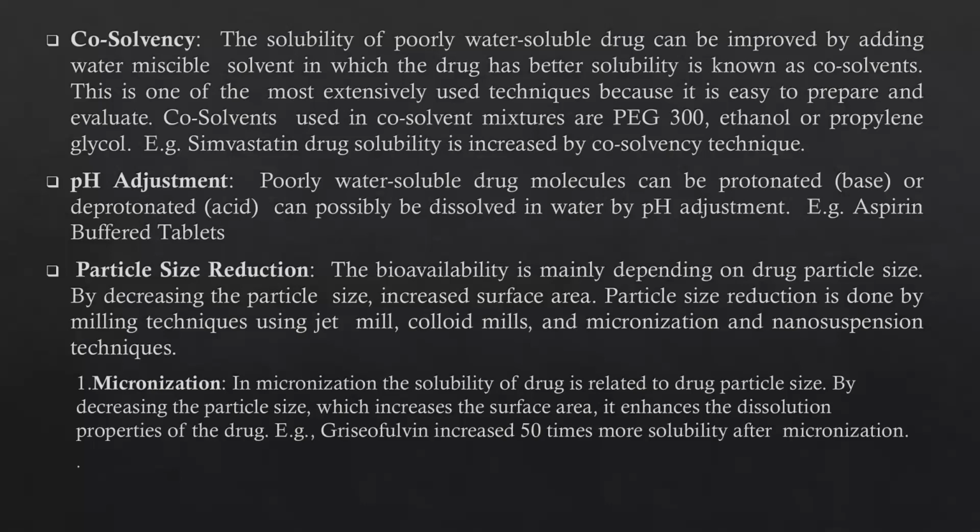By decreasing the particle size, the surface area increases, and it also enhances the dissolution property of the drug. For example, griseofulvin increases 50 times in solubility after micronization. If we have a drug like griseofulvin and use the micronization technique to reduce the particle size, it will increase its solubility by 50 times.